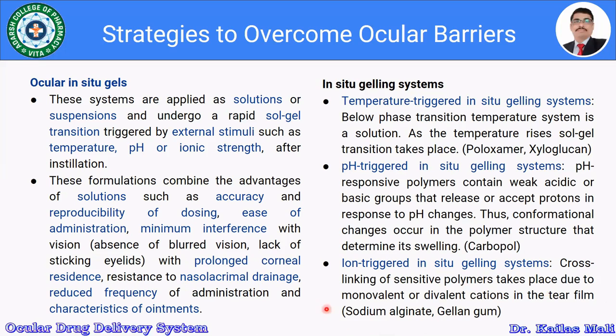So the cross-linking of sodium alginate or gellan gum is promoted by the calcium ions present in the tear film. In short, ocular in situ gels promote the residence of a formulation onto the cornea or into the ophthalmic cavity, and thereby improve the permeability of the drug.